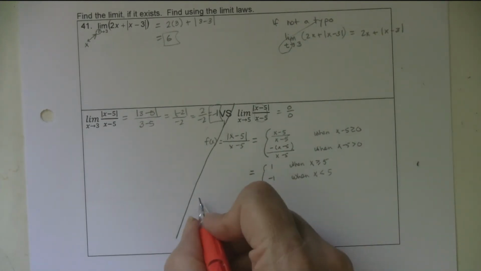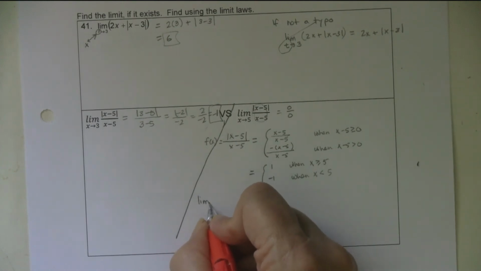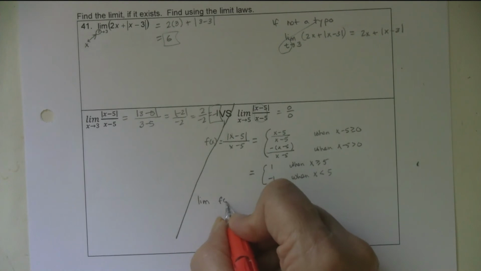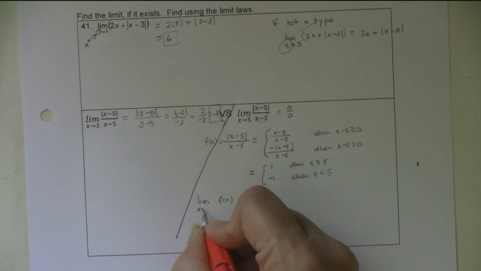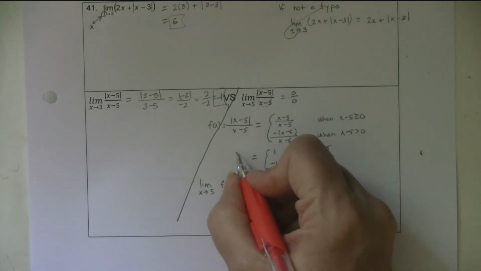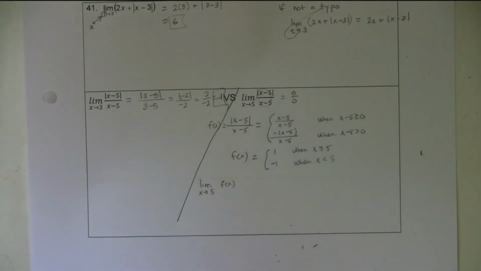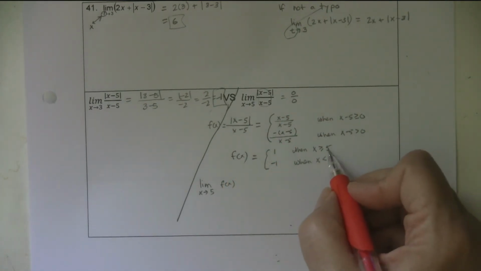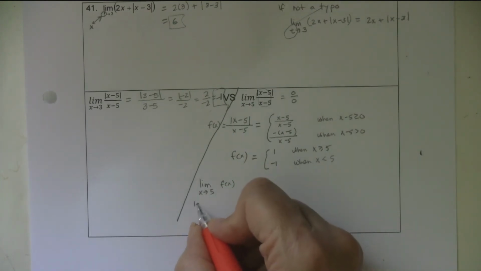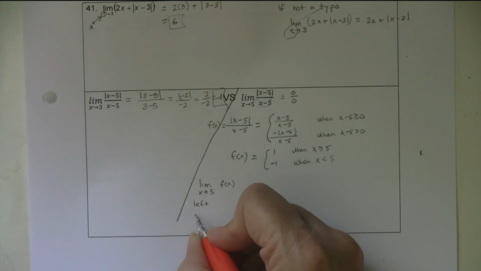So now to find the limit of this piecewise defined function, I called it f of x, as x goes to 5. This is just like the piecewise defined functions that we found the limit of a bit ago, right? And 5 is a boundary point. So when you look at the left limit, a little bit before 5, you get negative 1.